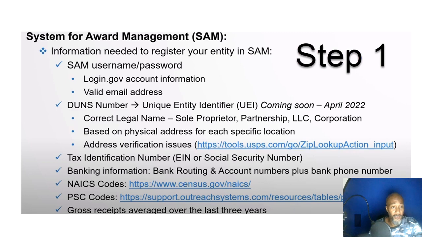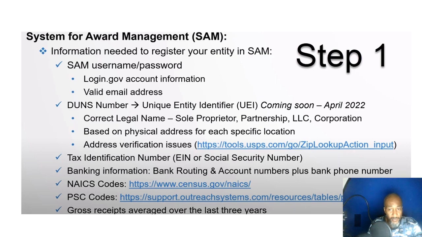I recommend that you go ahead and go to SAM.gov and log in with your information. You're going to have to create a username and password. You should have gone to DUNS and got you a DUNS number.